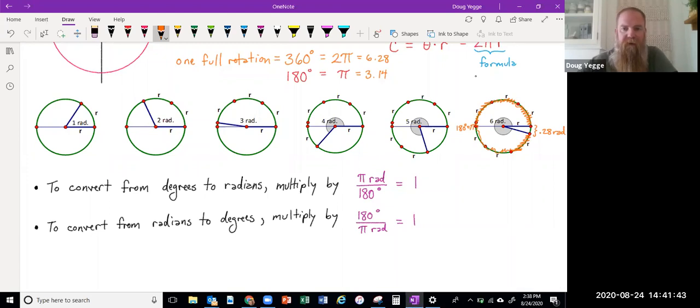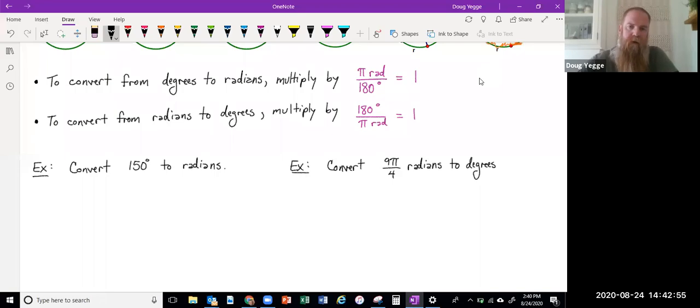Okay, so let's go ahead and take a look at a couple of examples. Whenever possible, we would like to keep our radian measures in terms of pi, because you'll see very shortly that this will be a much easier way to locate where they are on our circle. But let's start with 150 degrees. So this is a standard degree measurement in the second quadrant, just a little bit less than 180 degrees.